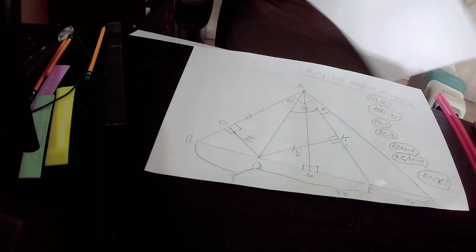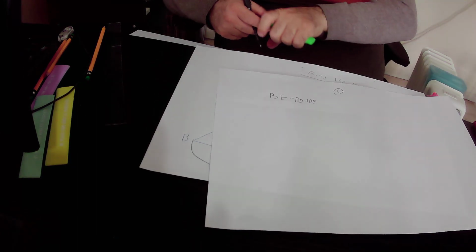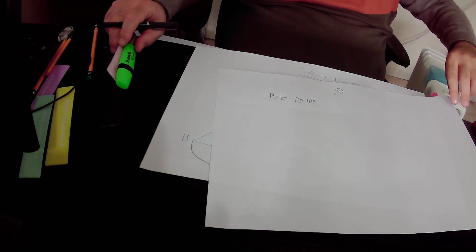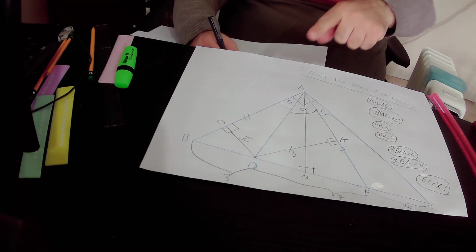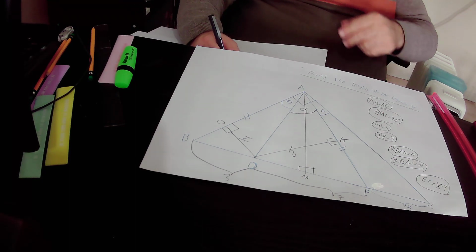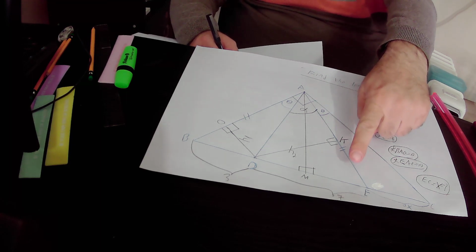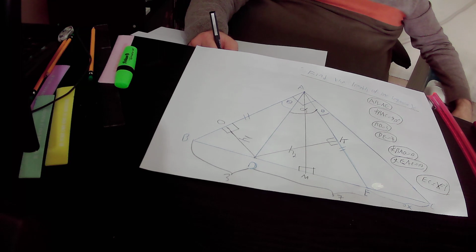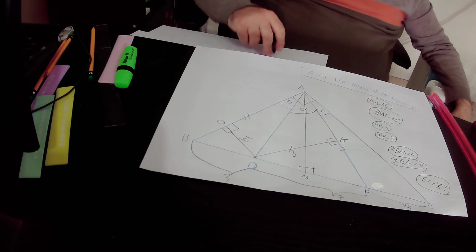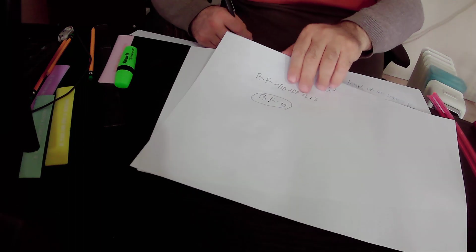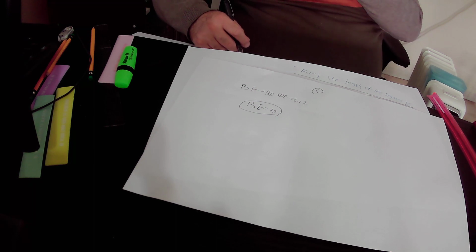But it is given in the question that BD equals 3 units and DE equals 7 units. So in conclusion, BE equals 3 plus 7, which is 10 units. The base BE of the isosceles triangle ABE equals 10 units.